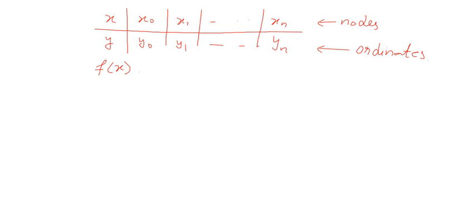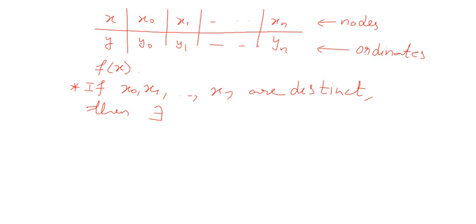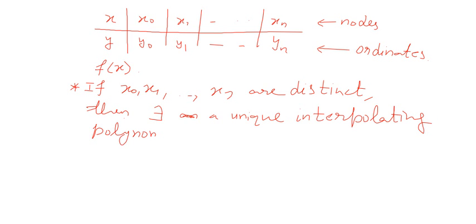So what we have learned in the previous lecture is that if these nodal points x0, x1 and so on xn are distinct, then there exists a unique interpolating polynomial, say p of x, of degree at most n.